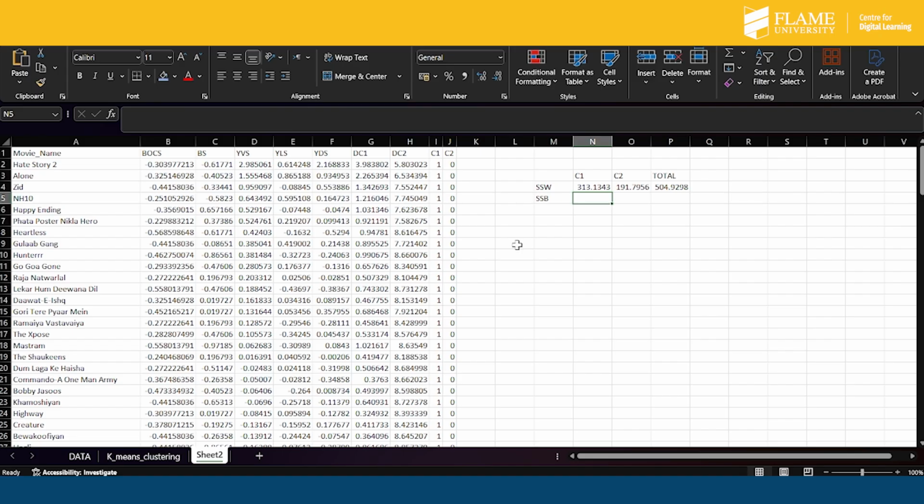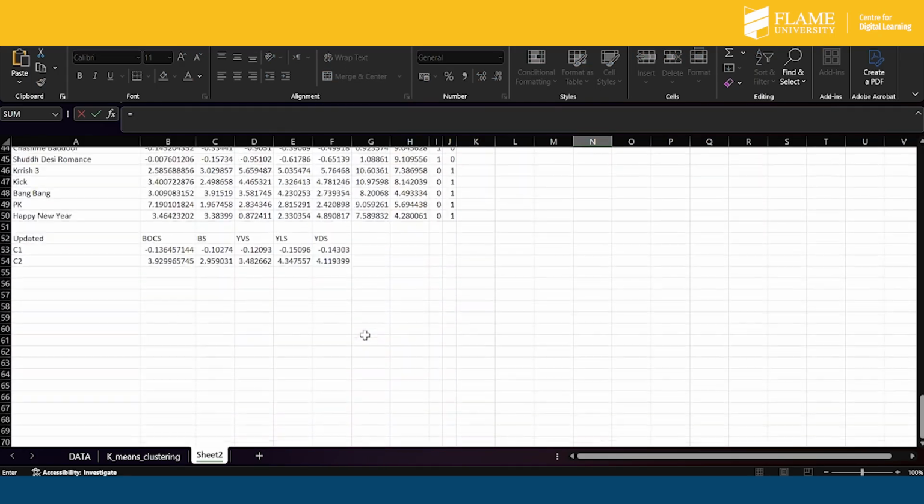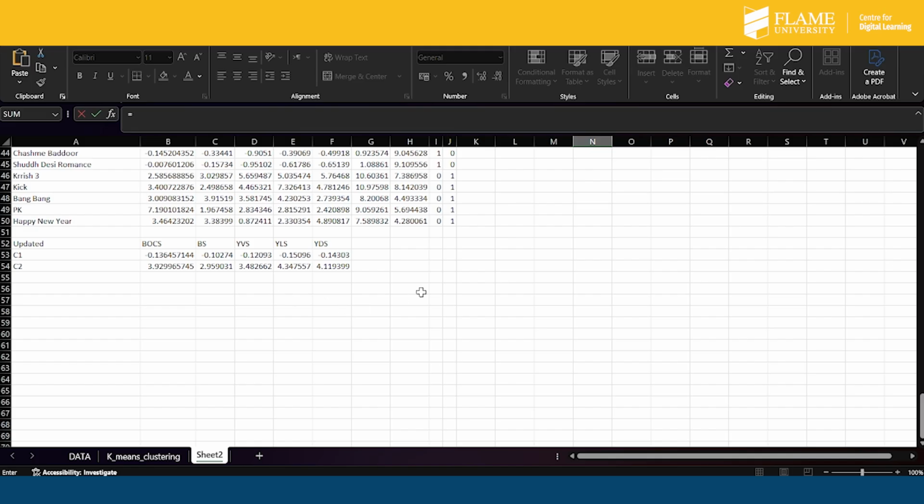And between, that is nothing but you have to just consider these two. You have to find the distance, and then take the square.